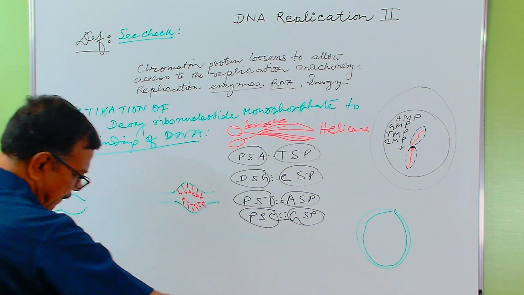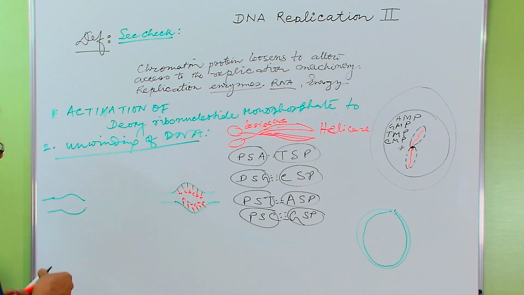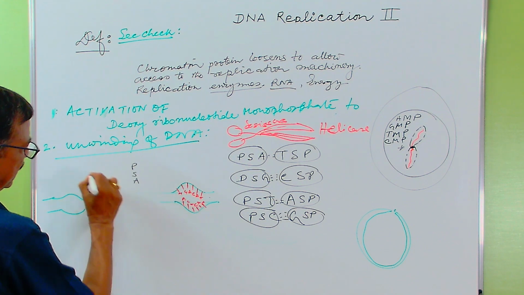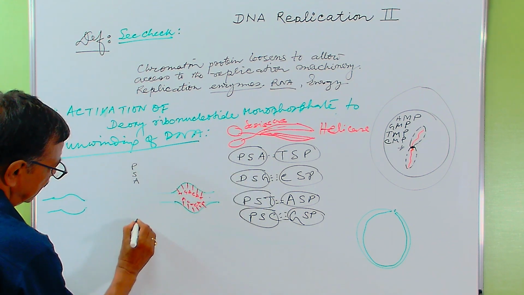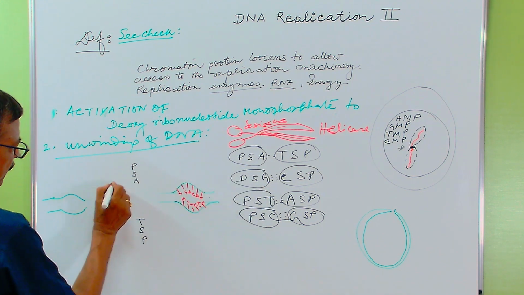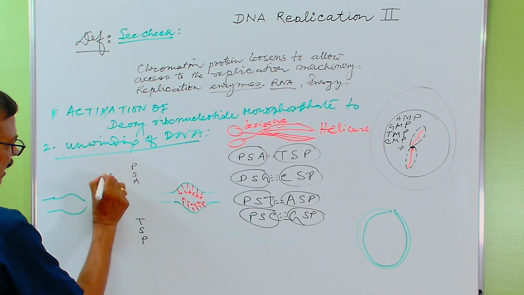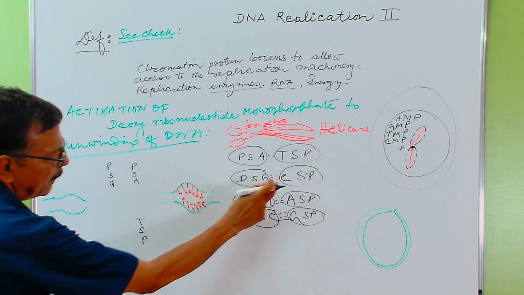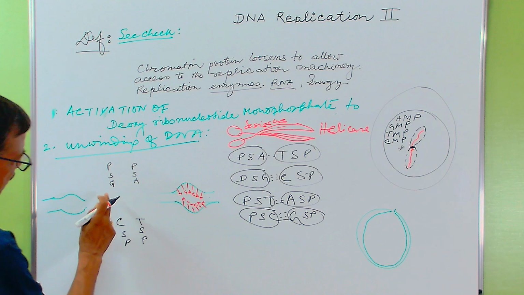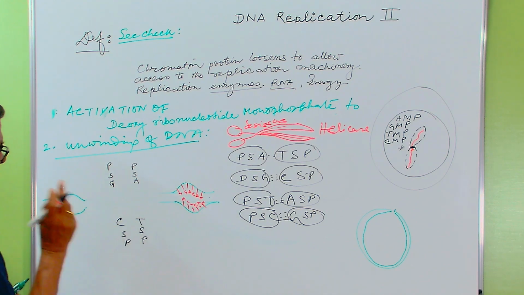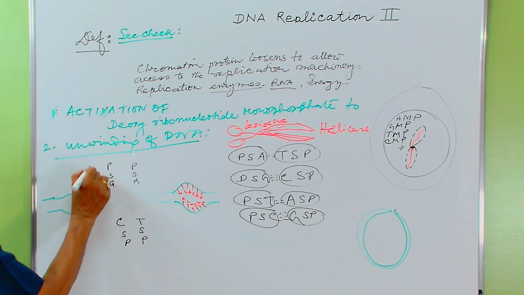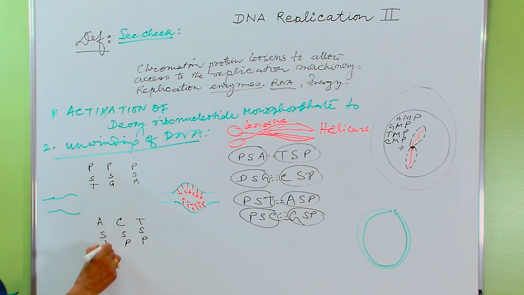I am writing it here. Adenine, sugar, phosphate. Here, thymine, sugar, phosphate. Then guanine, sugar, phosphate. C, sugar, phosphate. T, A, G, T, C. Two will be enough. Another one I am writing: T, sugar, phosphate, A, sugar, phosphate.